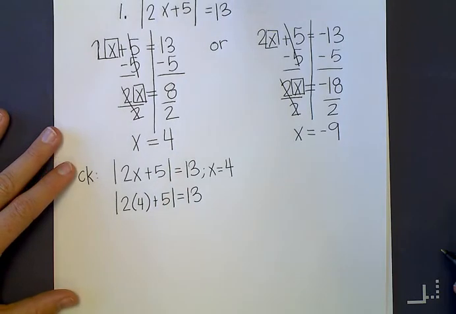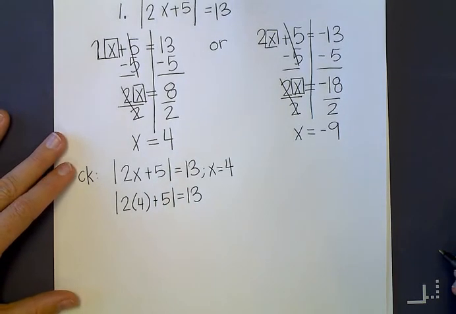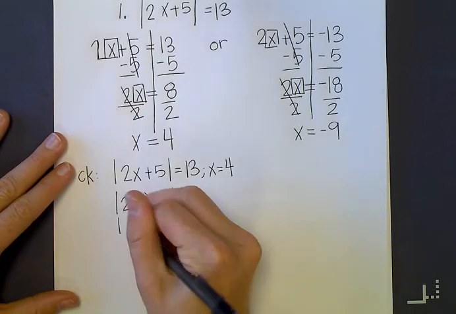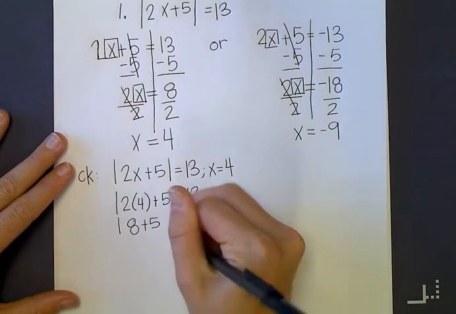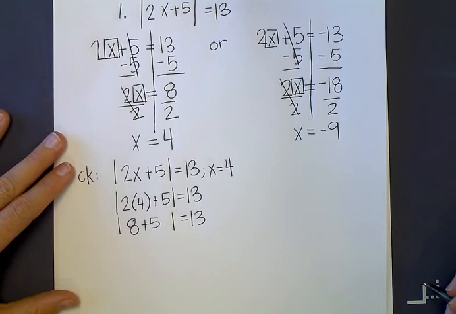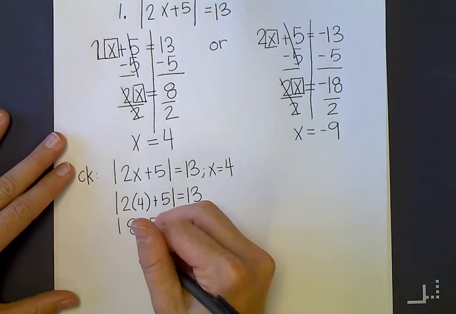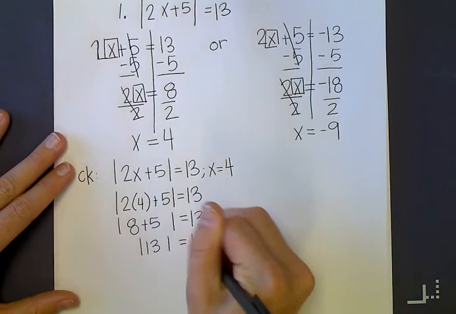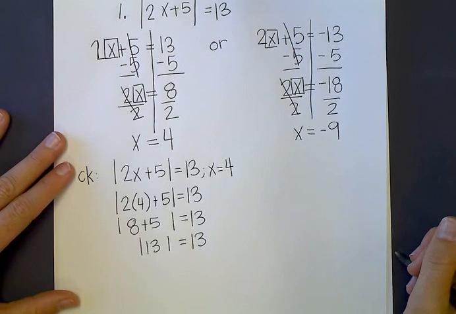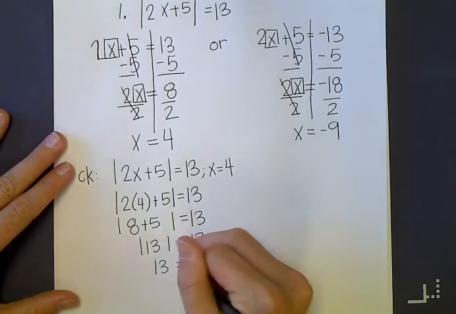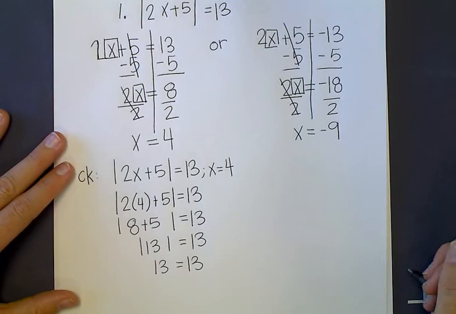We work our absolute values first. 2 times 4 is 8. 8 plus 5 is 13. The absolute value of 13 is 13. This shows us that we are correct.